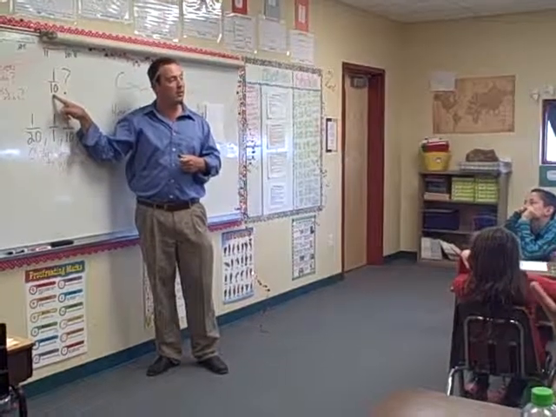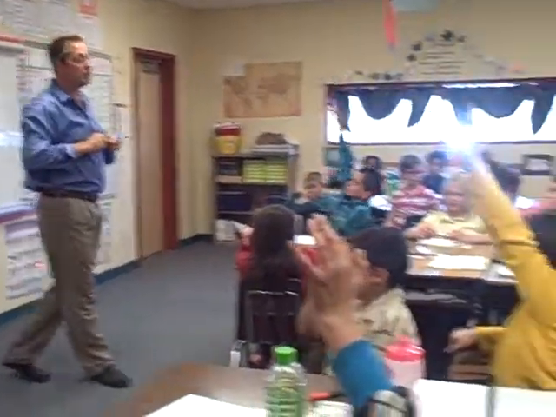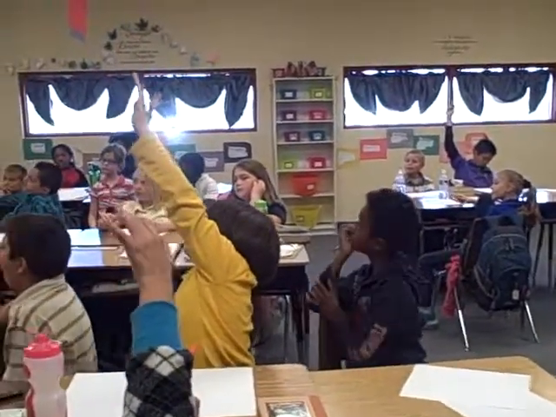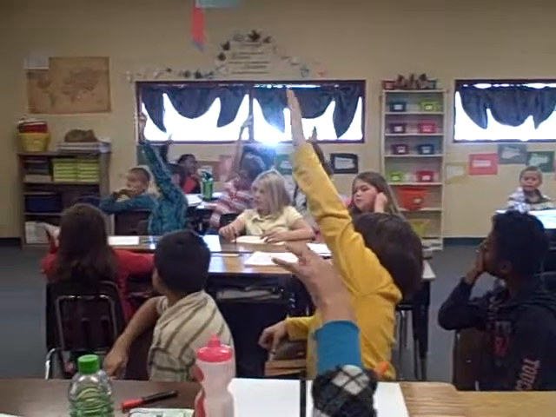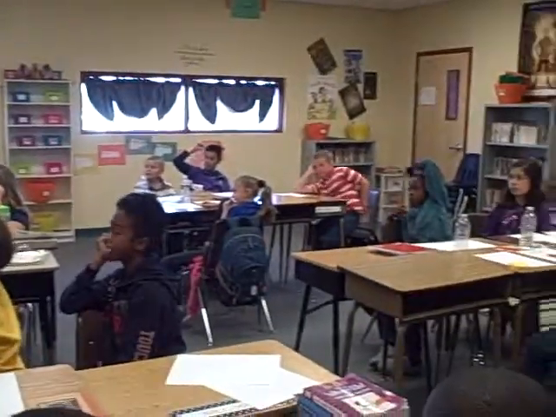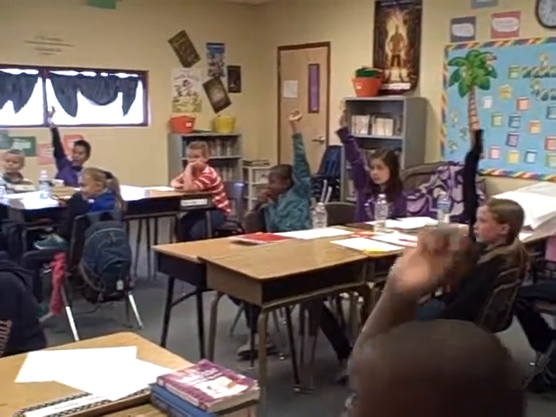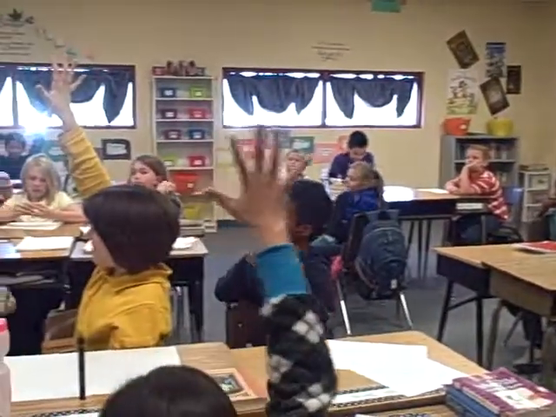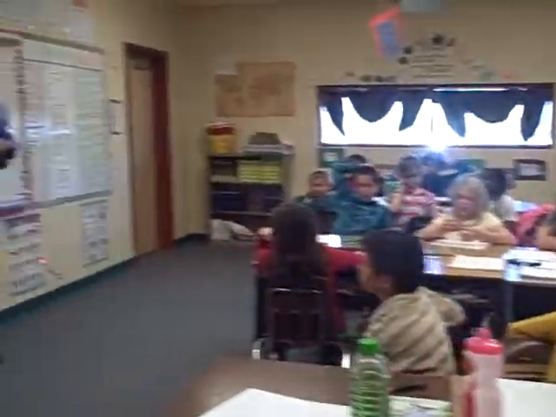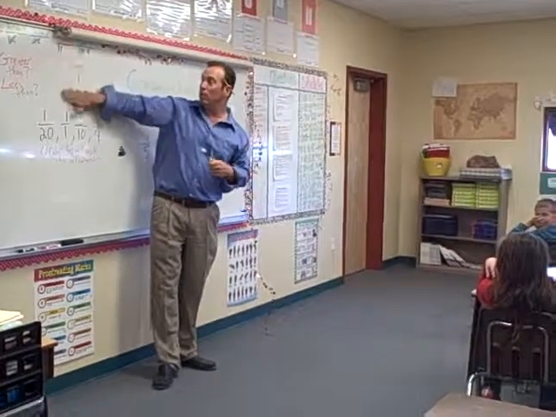So $1, how many pennies do we need for $1? 100 pennies, right? What are those tiny silver coins? Dimes. So how many dimes to make $1? 10. Perfect. So we have only 1 dime. We have 1/10 of a dollar.